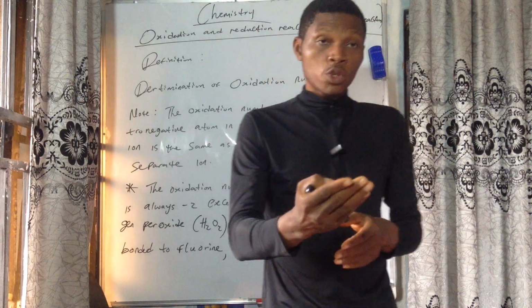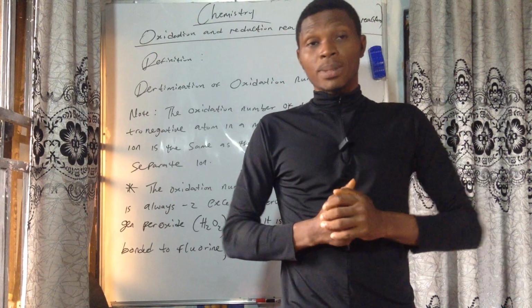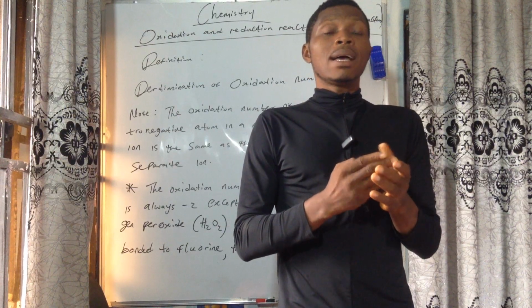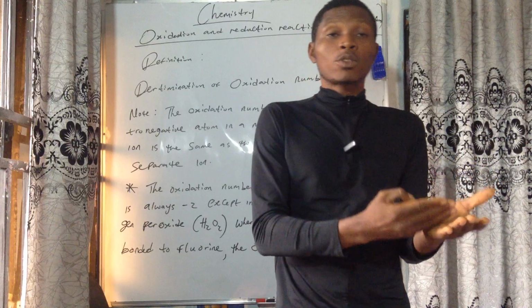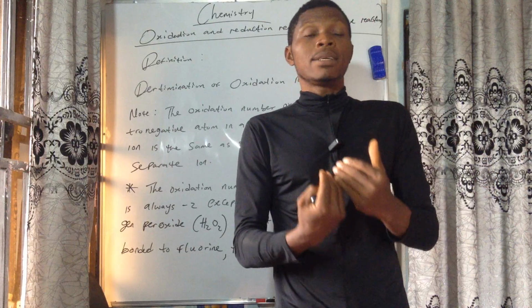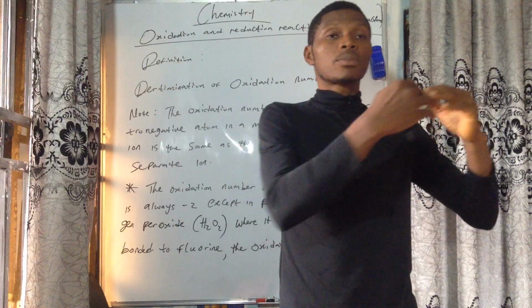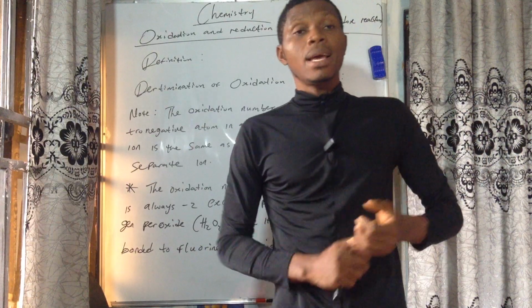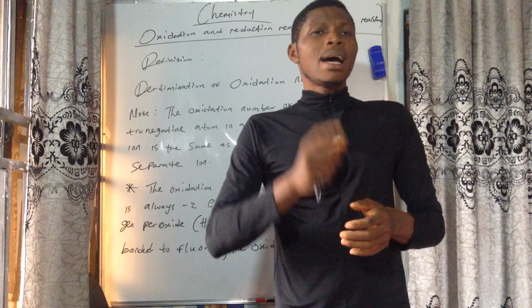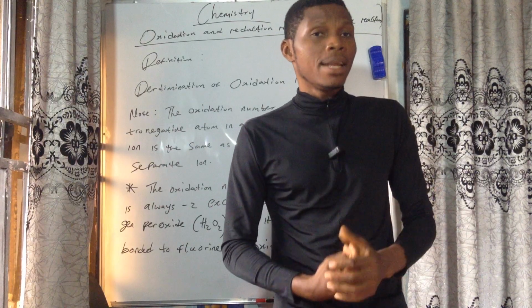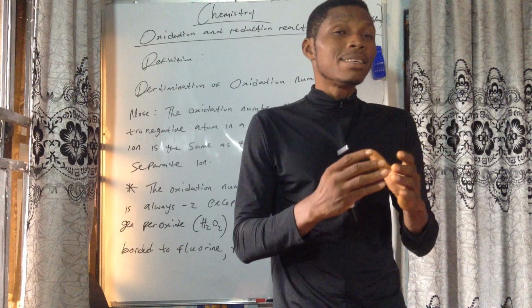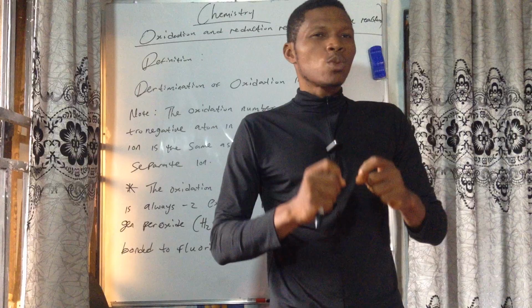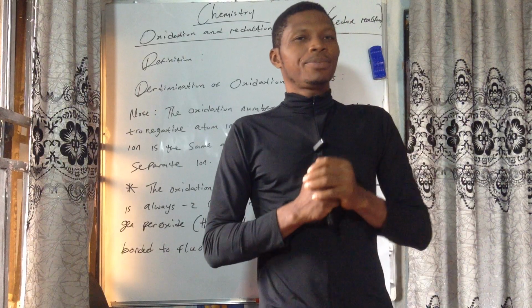It is the number that shows whether electrons are being gained by the substance or lost by the substance, whether there is a gain or loss of electrons. Do you understand? When a substance gains electrons, it is negatively charged. When it loses electrons, it is positively charged.